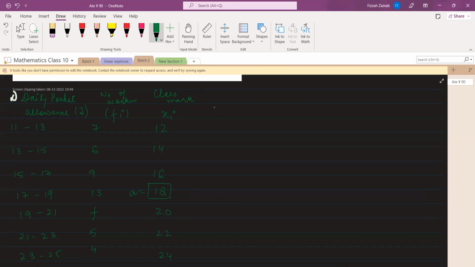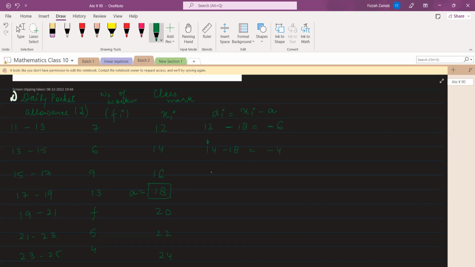So you find your di. So di is xi minus a. So 12 minus 18, how much? Minus 6. Or if you want, you can mention 12 minus of 18. So it is minus of 6. Then you have, sorry, you have 14 minus 18.